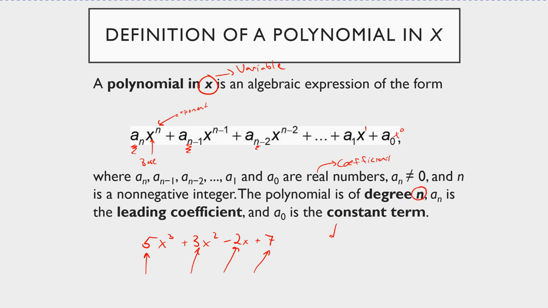Okay, so the degree of a polynomial is the highest exponent. So in this case here, this polynomial expression would be a degree 3 polynomial.